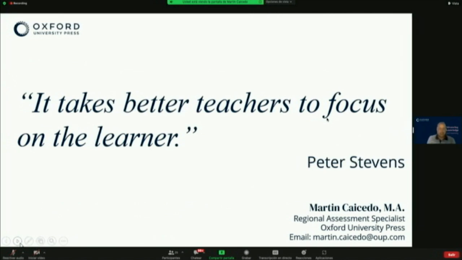So my message here today is yes, it is important for us to improve how we teach, our teaching skills, but it's also important to think about how our students learn, and what we can do to make that learning more efficient so that our students can not only learn for the time they are in our classrooms, but also take that knowledge, those strategies, into a path of lifelong learning that makes them autonomous learners, and they can keep learning even when they are out of our teaching environments.